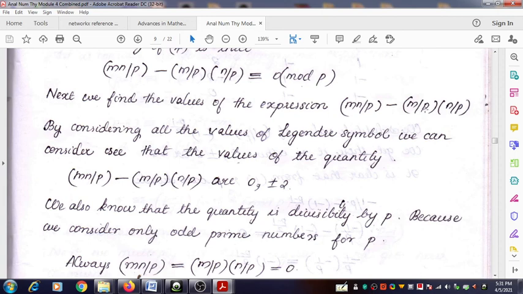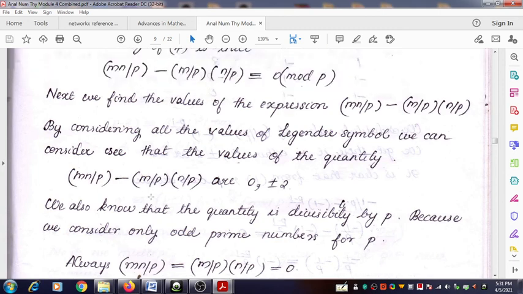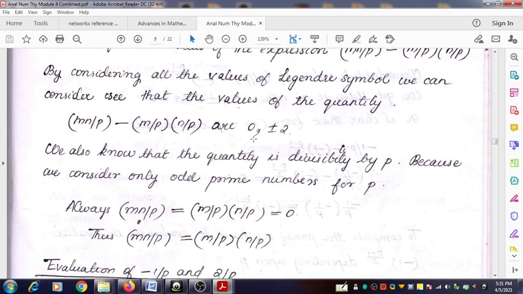When (m/p) is assumed to be minus 1, that has some effect on this quantity also. So when this quantity is minus 1, you have to consider the quantity according to that selected value of minus 1. So when we apply all the effects of these various values of the Legendre symbol, you are going to get either 0, plus 2 or minus 2 for the entire quantity.